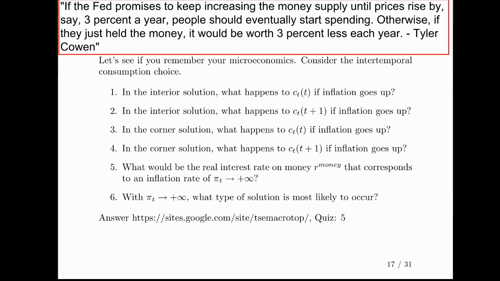Have you heard about Slutsky decomposition or not? Yes. Okay, so we had two effects in Slutsky decomposition: the substitution effect and the income effect.